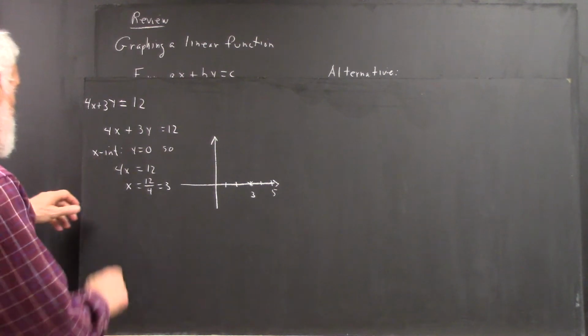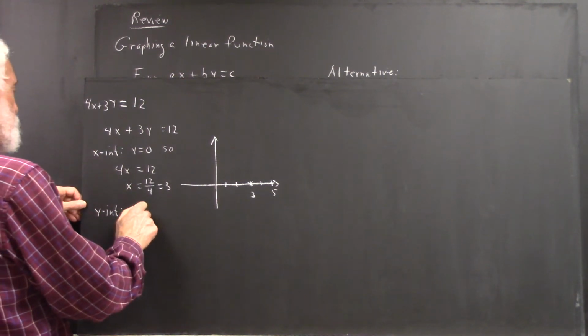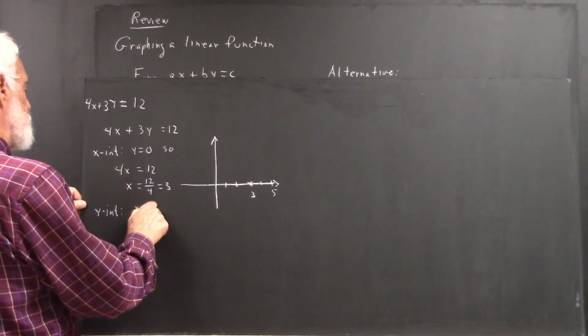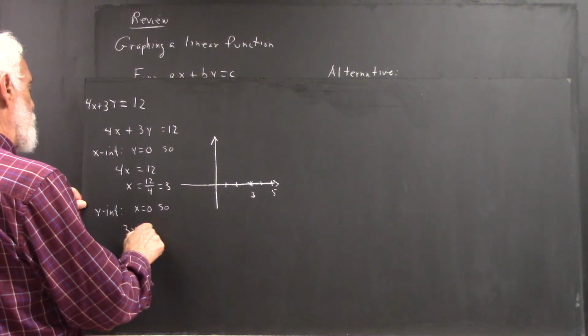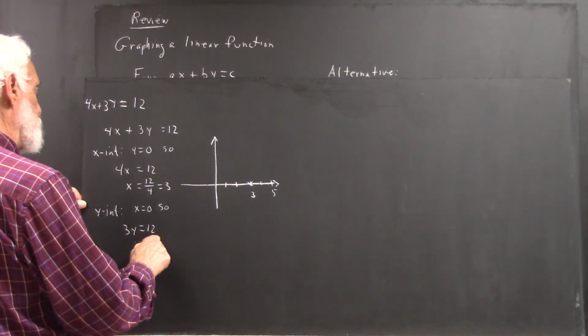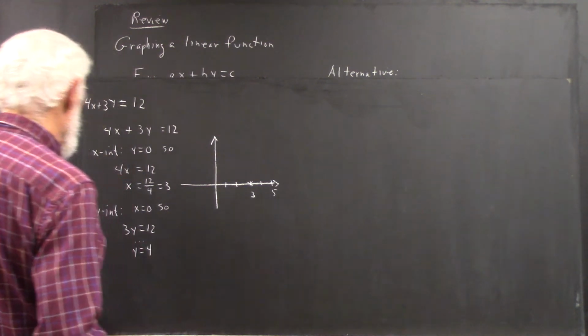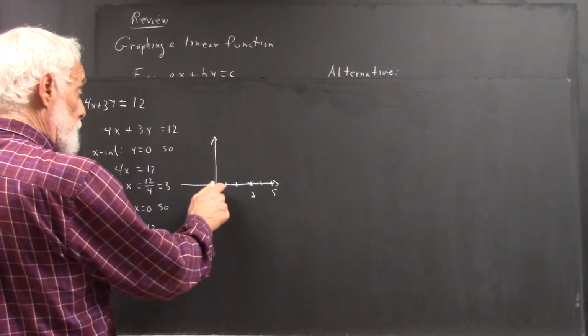The y-intercept occurs when x equals 0. So 3y equals 12, and y is equal to 4. So when x is 0, y is 4, the point (0, 4), the y-intercept.